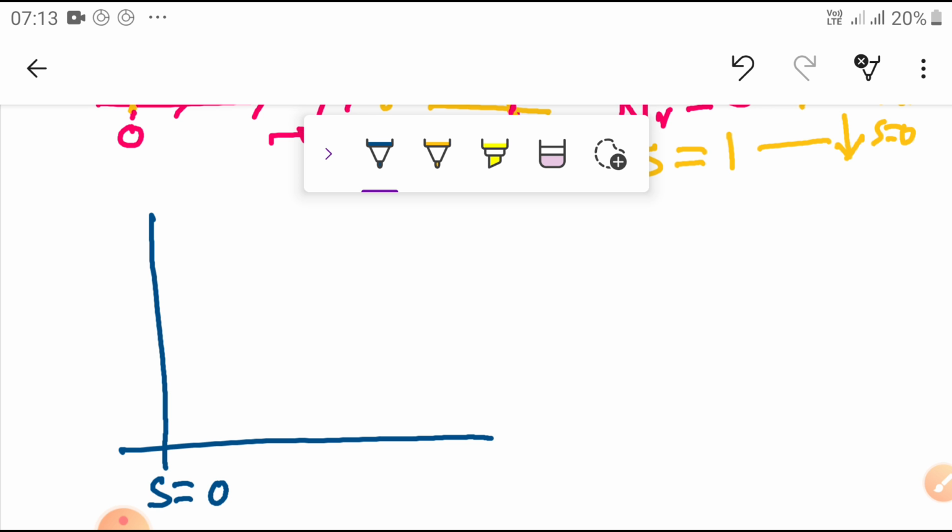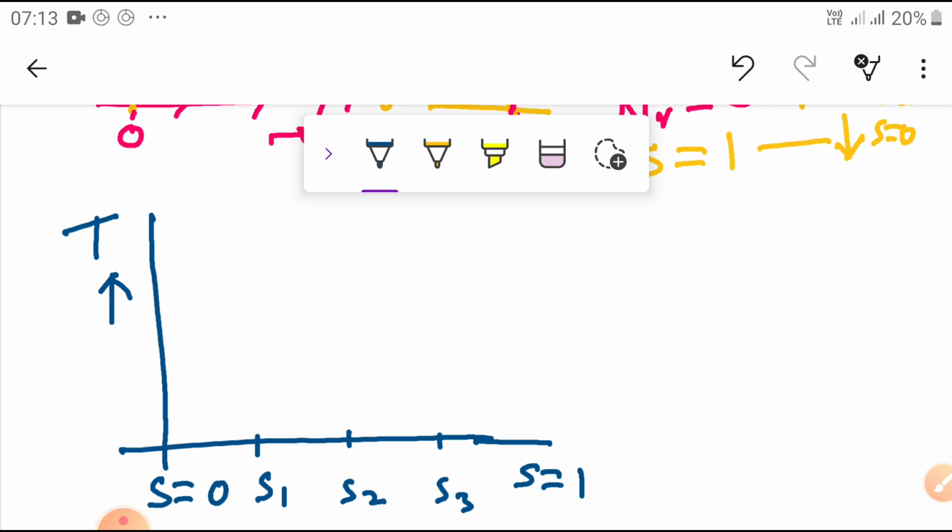Now S is equal to 1 stage, for example S equal to S1, S2, and you can say this is S3. And this is the maximum, S is equal to 1. I am going to take the 3 stages. Now here in this case I am going to take the torque.